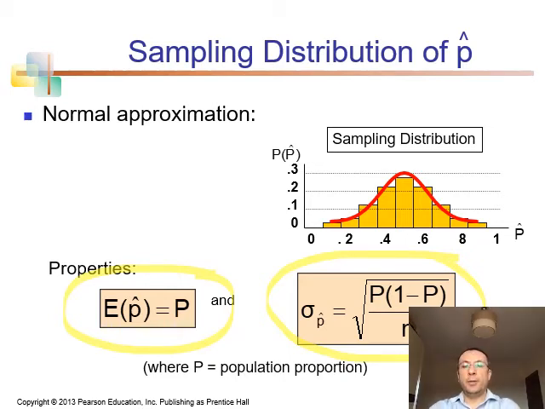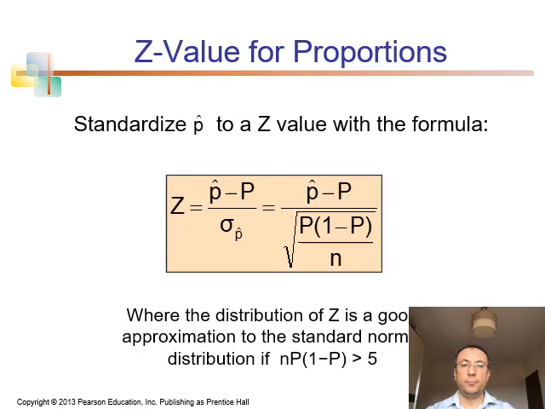Again, there's algebra behind this derivation, but we are skipping the algebra part for this course. You only need to know the formulas and how to apply those formulas. We use those formulas to standardize the p hats to a standard normal distribution.